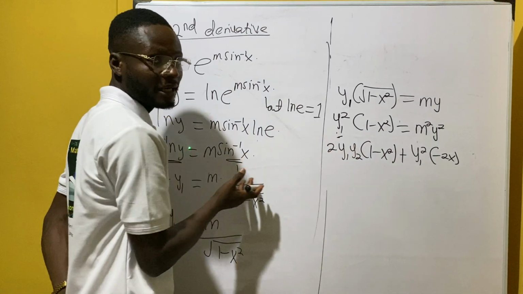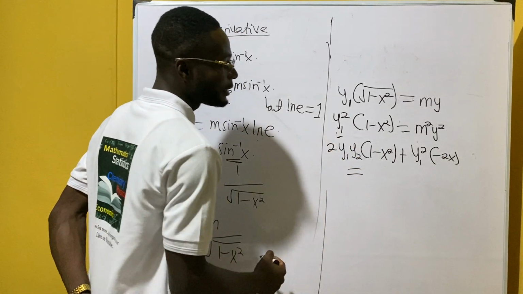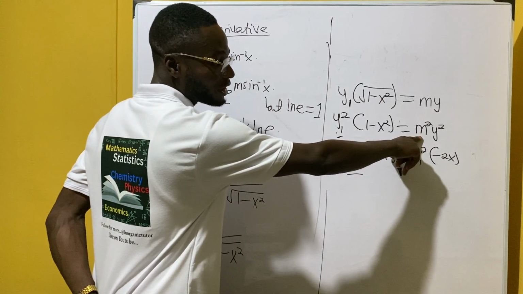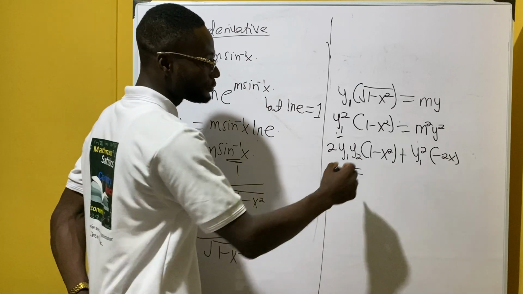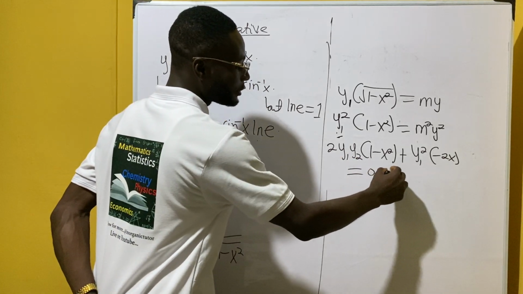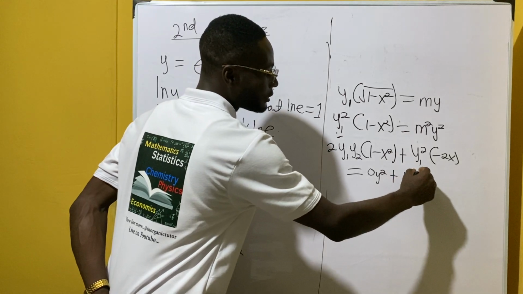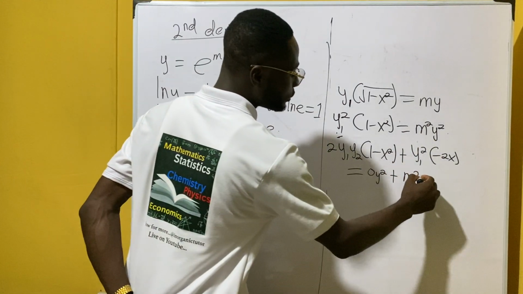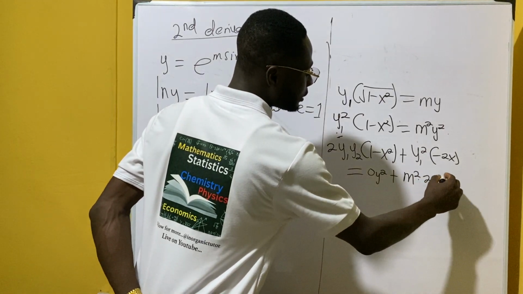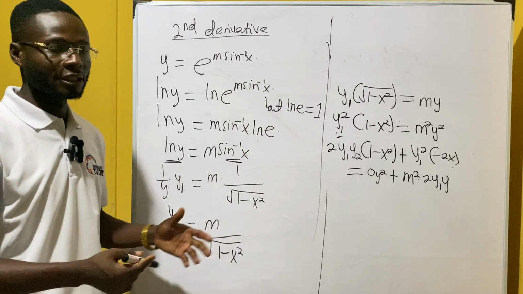We are done with the left hand side, so we go to the right hand side. We differentiate this, and that is 0, and 0 times anything is 0, so we have 0 times y squared plus, maintain the first term, m squared, then differentiate the y squared, and that is equal to 2y1 y. So now let's simplify.